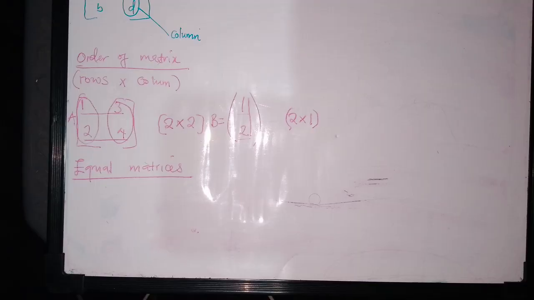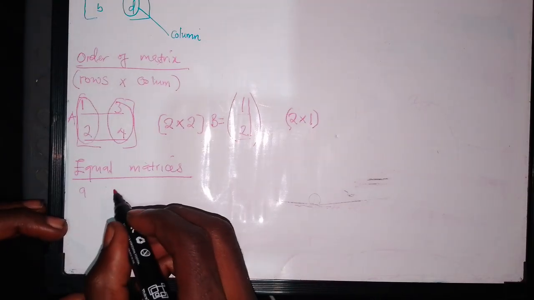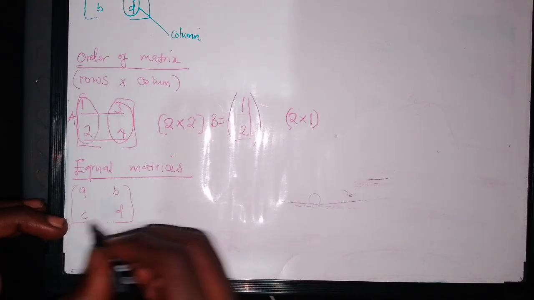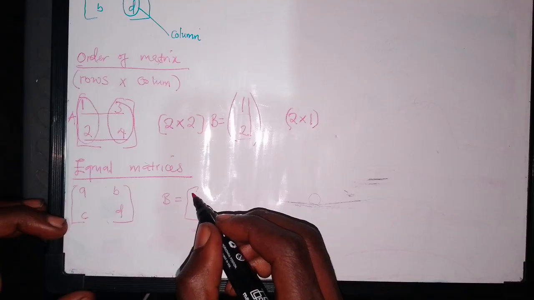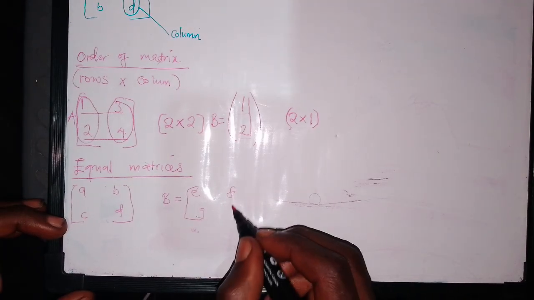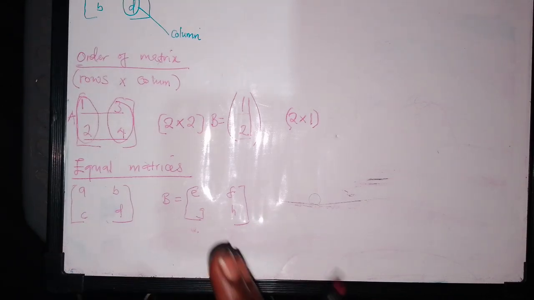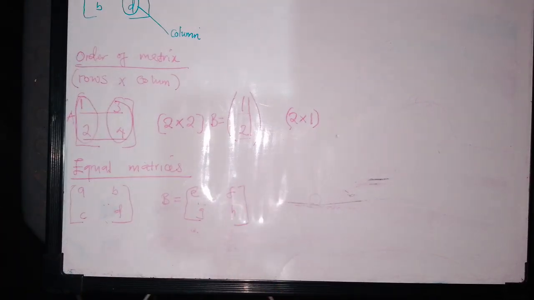It can be a 2 by 2 matrix with another 2 by 2 matrix. An example I can give you is a matrix with A, B, C, D, and another matrix with E, F, G, and H. Both matrices are 2 by 2 matrices, so we say these matrices are equal.